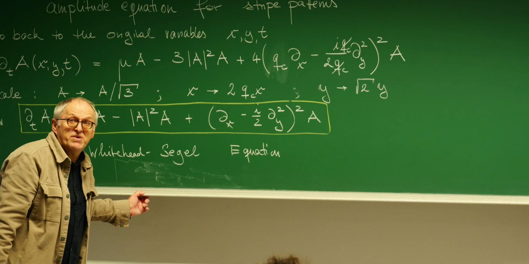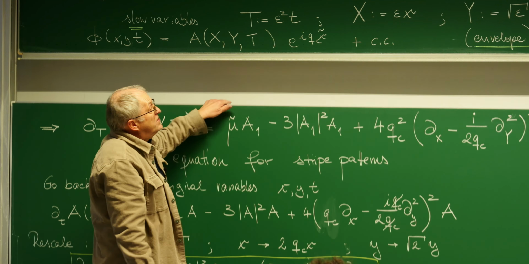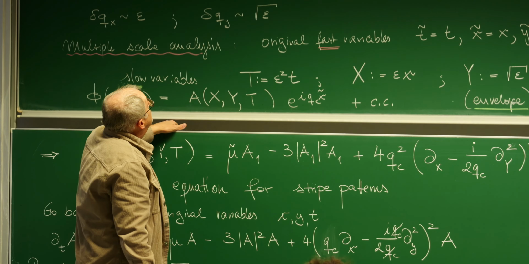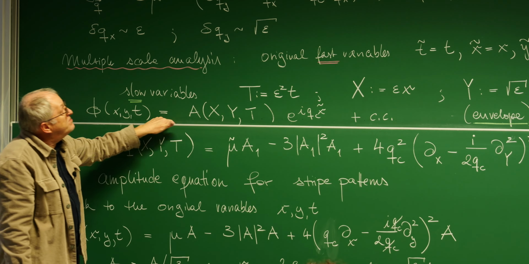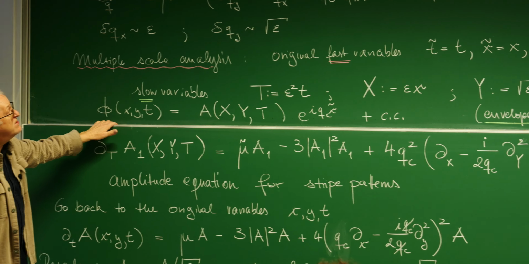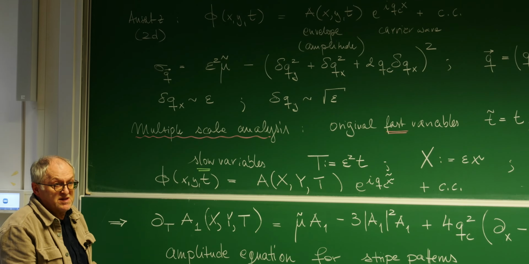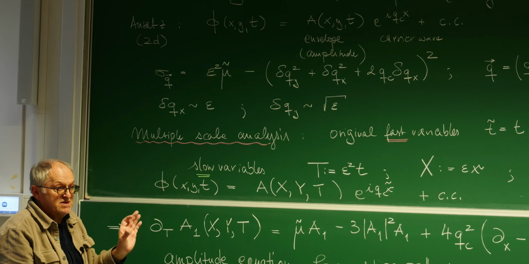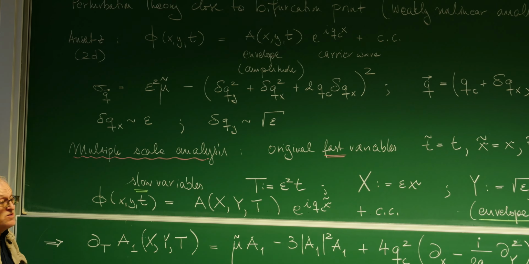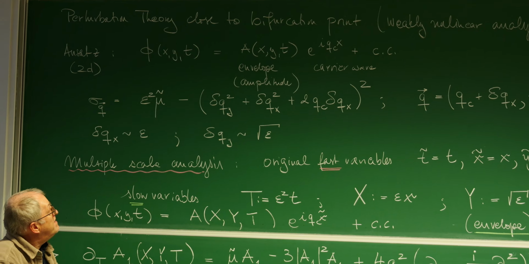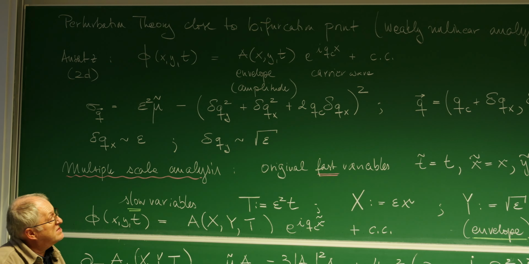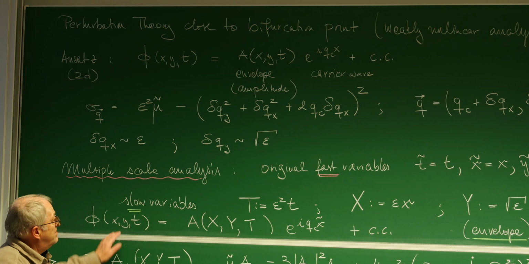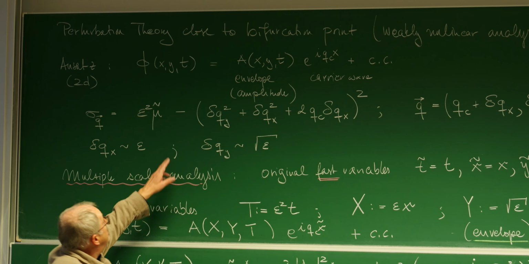So let me recap what the essence is. You start from the Swift-Hohenberg equation, which is constructed such that it has the type 1 instability built into the dispersion relation. And then you find that an instability appears where you expect it to be.